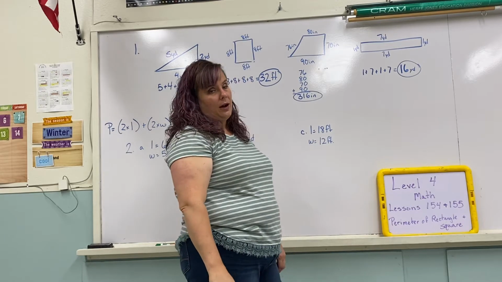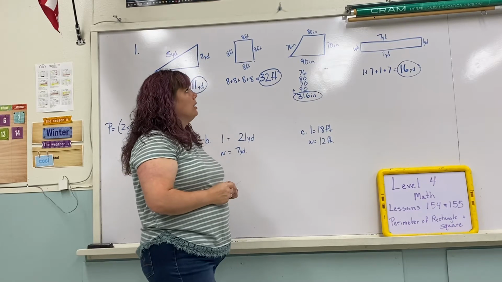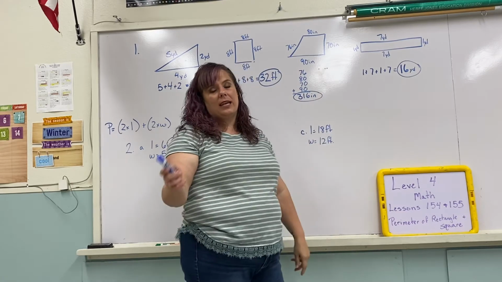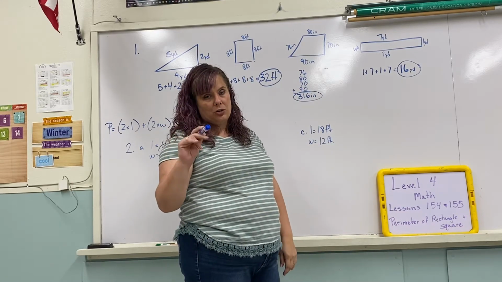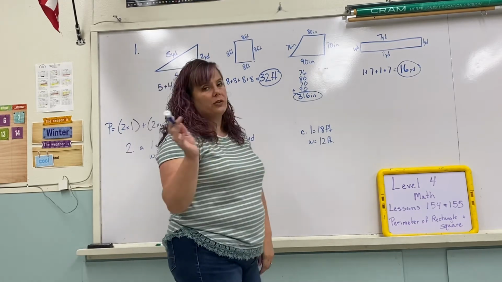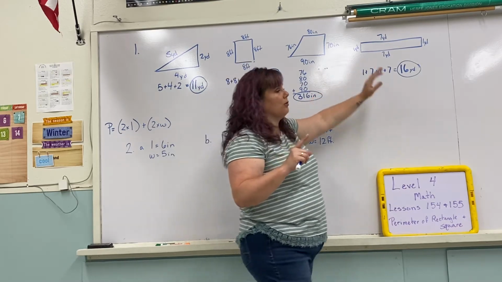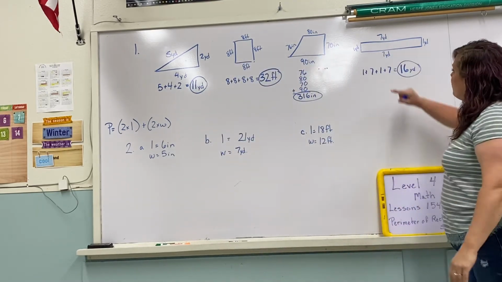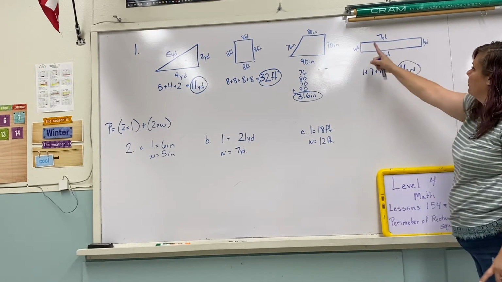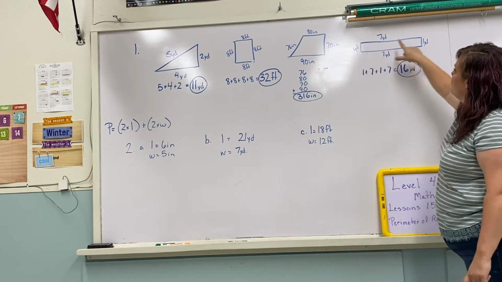Okay, now, when you're finding perimeter of a rectangle like this one, there is a simple and easy formula to use where you just plug in numbers. And this works all the time for perimeter of a rectangle. If you'll notice on a rectangle, you have 2 long sides, 2 lengths, and you have 2 short sides, 2 widths.